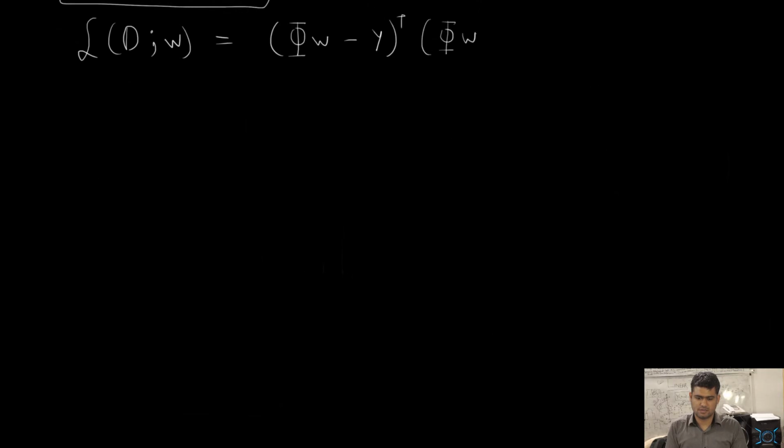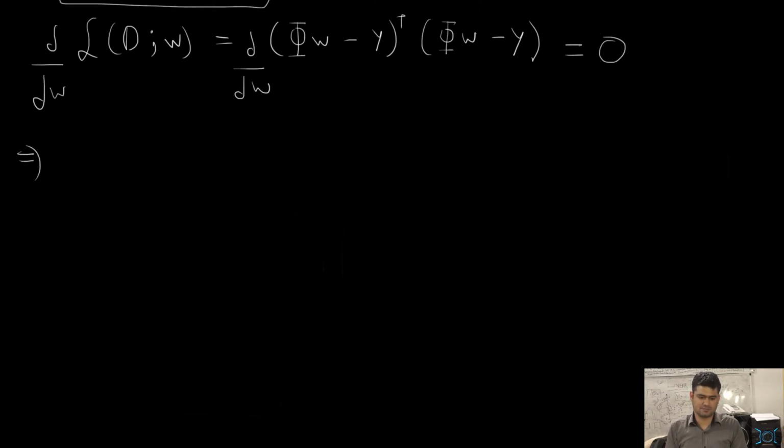So in the matrix notation, our loss function over the data, parameterized by the learnable parameter w, is simply phi times w minus y, transpose, times phi times w minus y. Right. So we can set the derivative of this function with respect to the learnable parameter w to 0, to get the optimal solution w star.